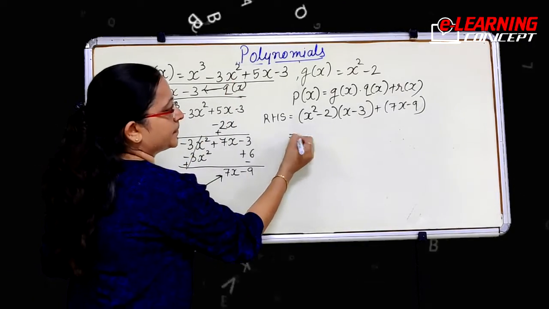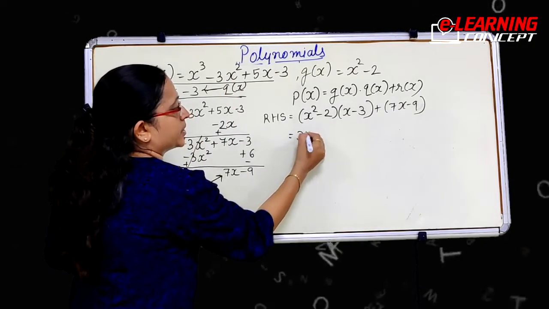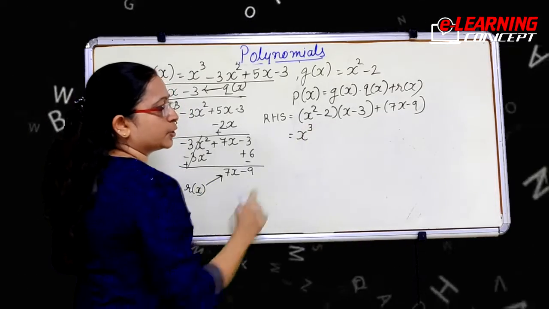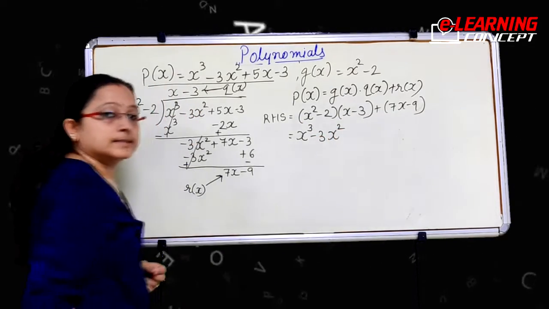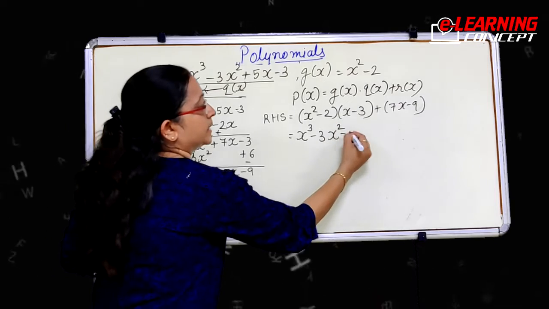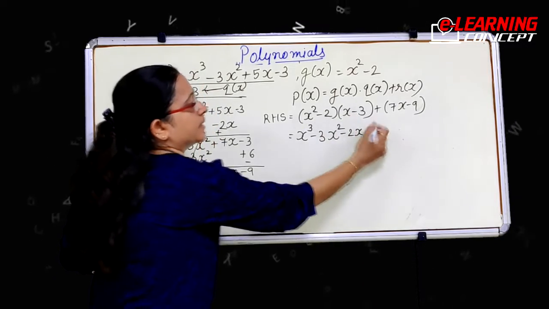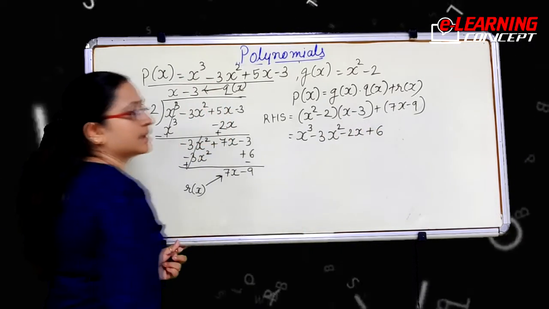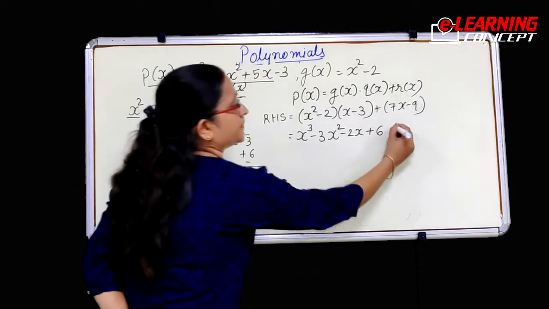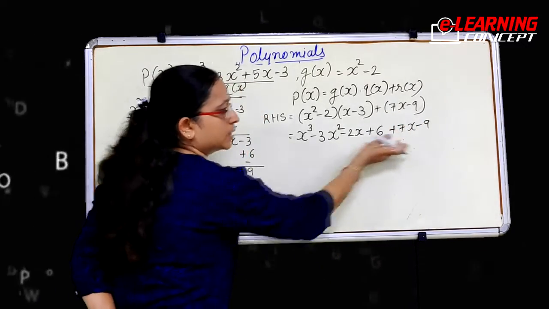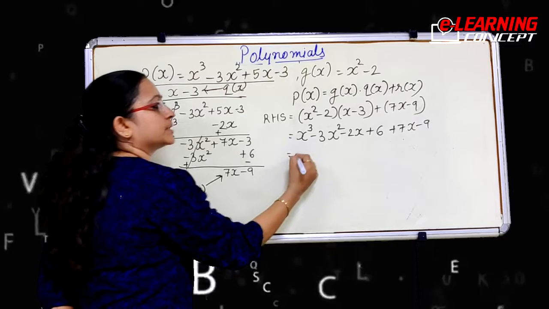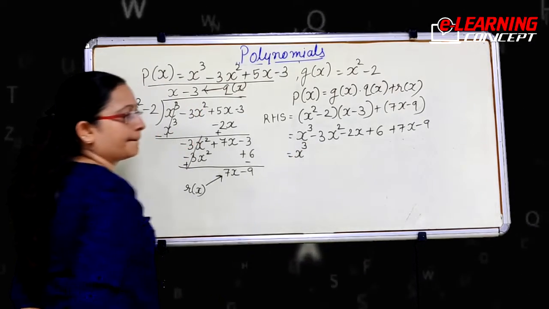So let us see. This multiplication gives x cube minus 3x square minus 2x plus 6, and this is 7x minus 9. Now we'll simplify. No other term with cube, so this one would be as it is.